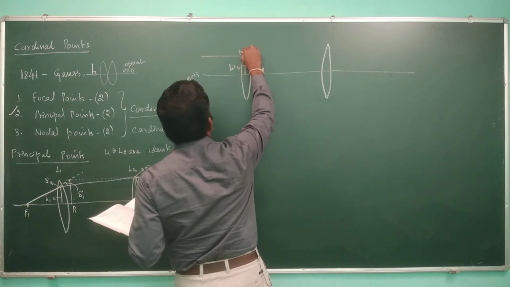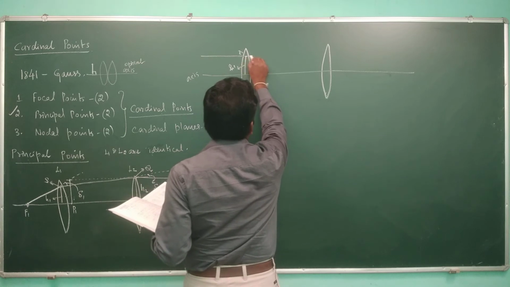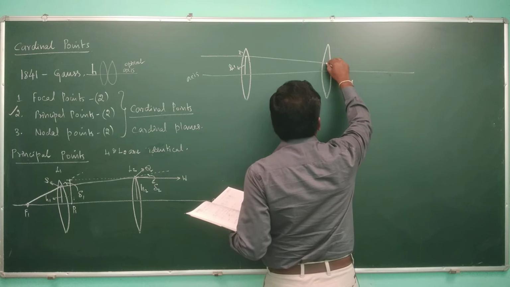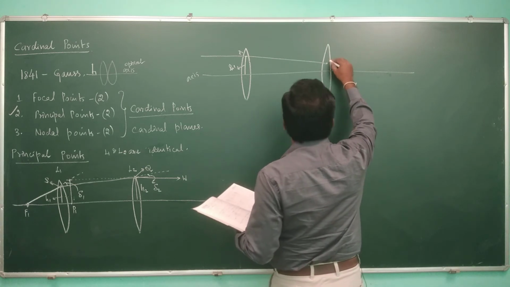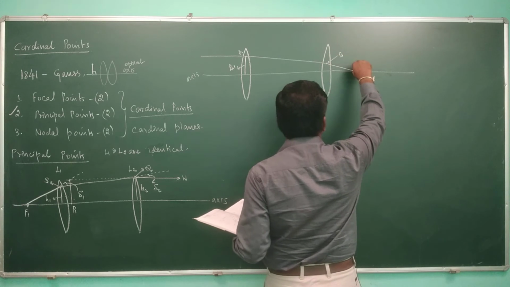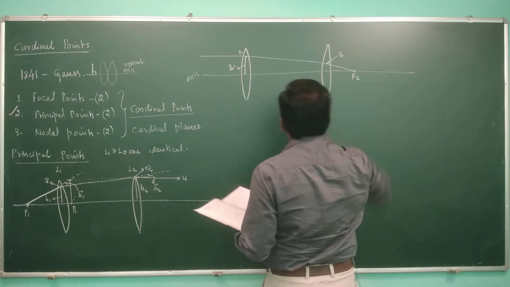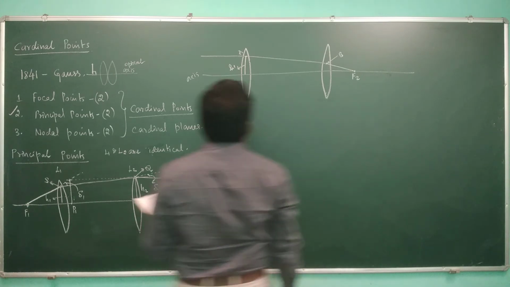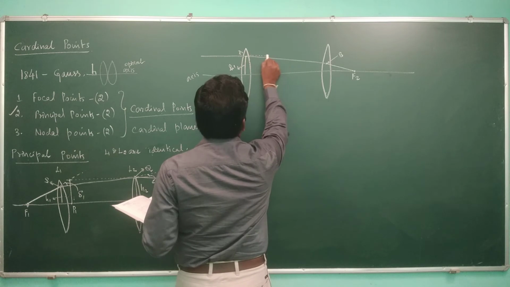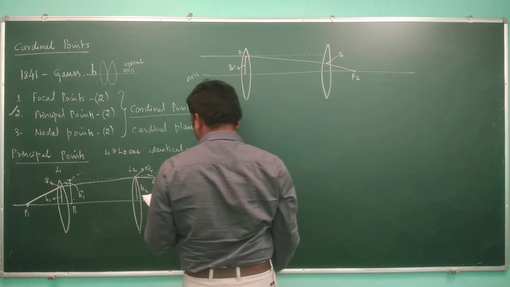Let us define this point as A, and this refracted ray comes here and touches the lens at point B, and it is again refracted and touches F2 on the axis.